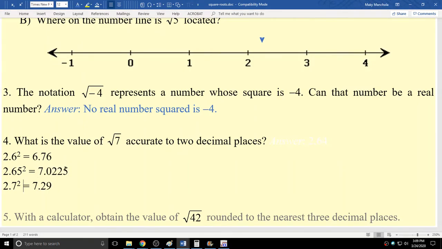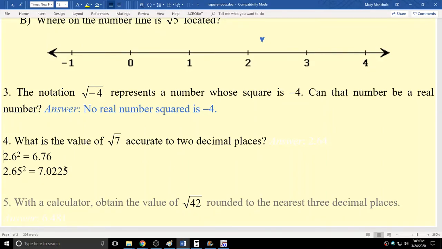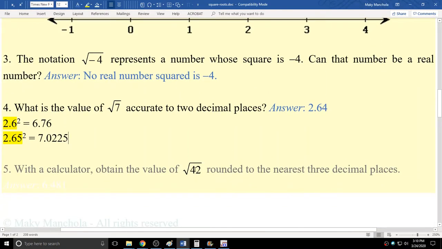So now I can dismiss my square root of 7 being between 2.6 and 2.7. It is actually between 2.6 and 2.65. If you try it a couple more times looking for values between 2.6 and 2.65, you will run across this best approximation, 2.64.